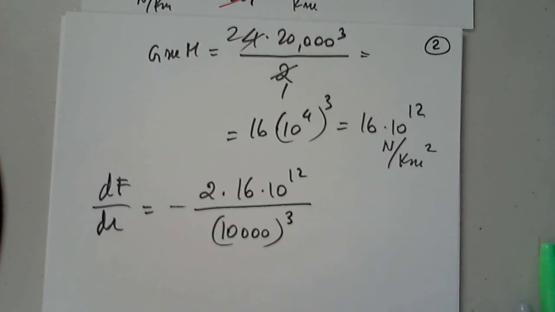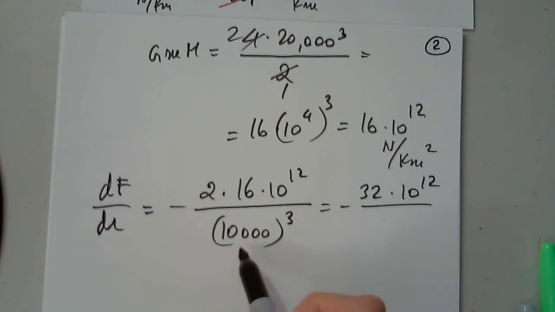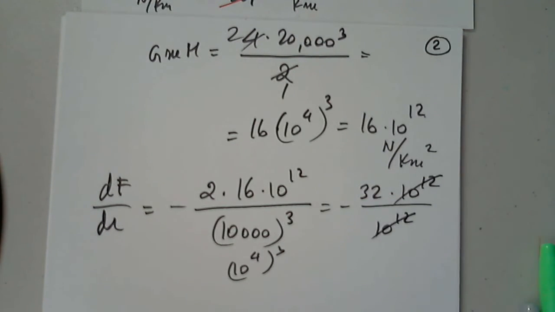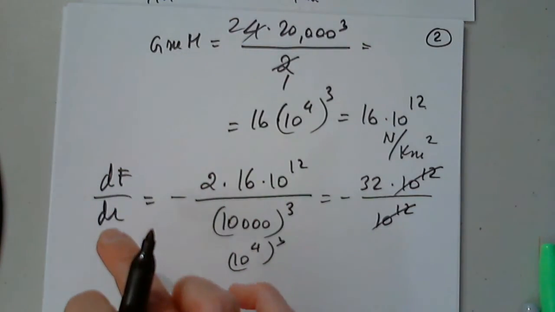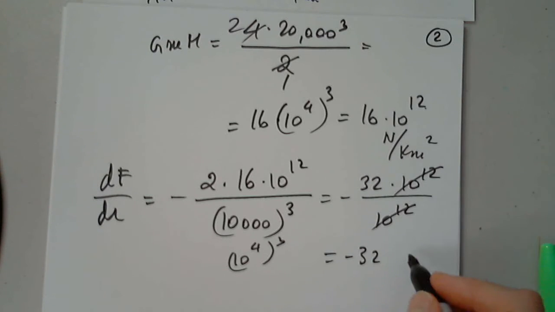Okay, so let's see what this is. So -32, this is 10 to the 12th, and this is 10 to the 4th, also to the 3rd. So that's 10 to the 12th. So force divided by radius. So this is -32 newtons per kilometer.